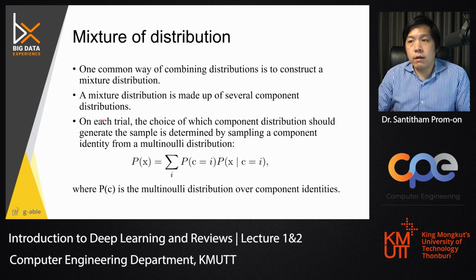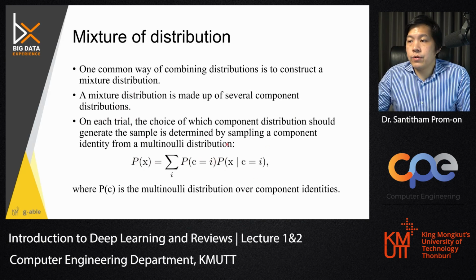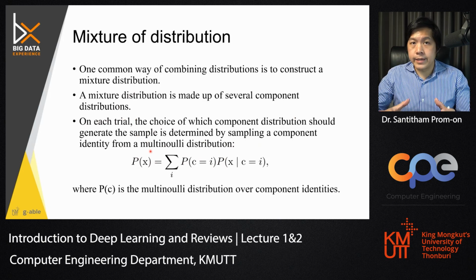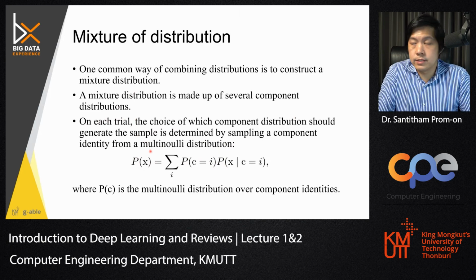So the mixture of distributions is the combination of distributions with certain weights. For example, you can have multiple Bernoulli distributions combined with certain weights, and then you get the multi-Bernoulli distribution.